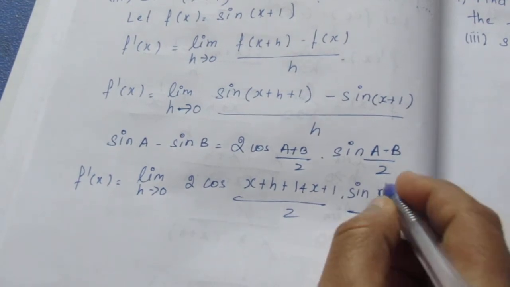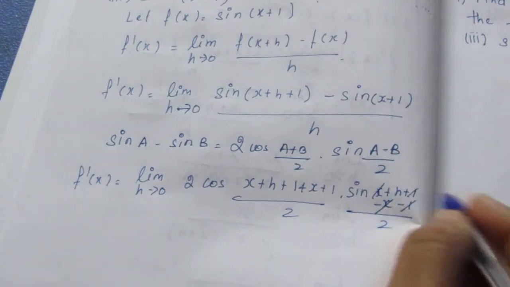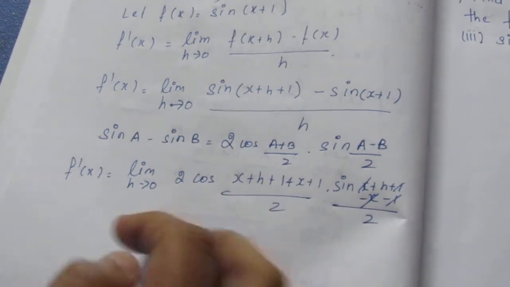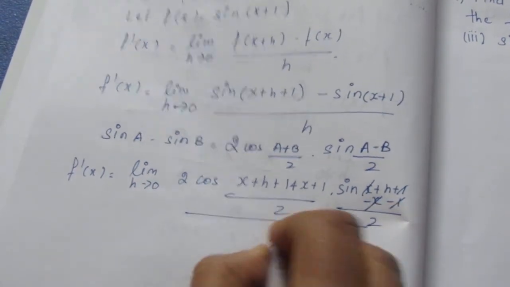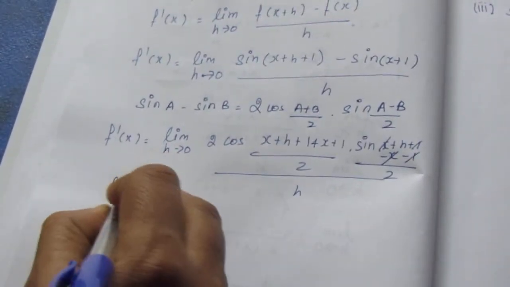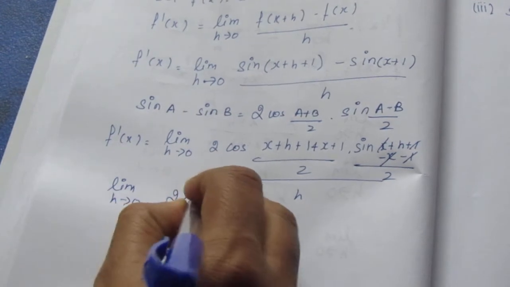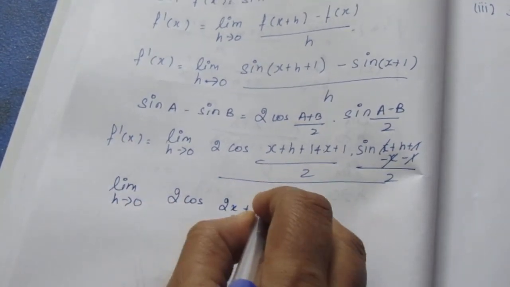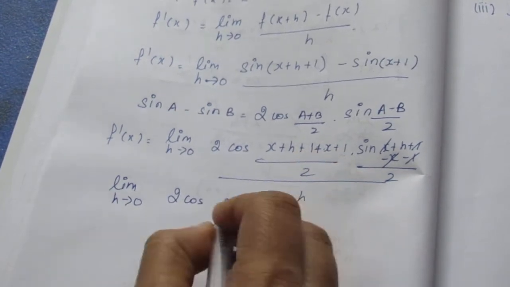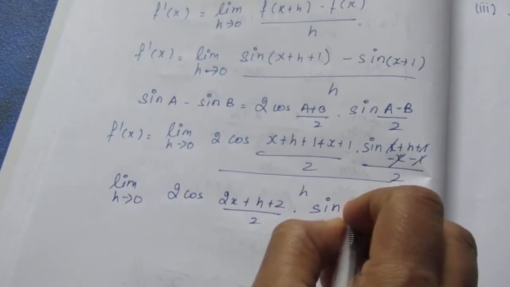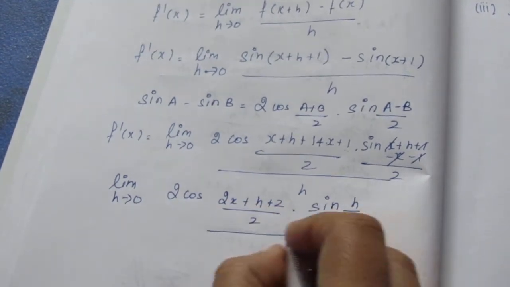Now plus x minus x gets cancelled, and plus 1 minus 1 gets cancelled. Now by h we have limit h tends to 0 of 2 cos of 2x plus h plus 2 by 2 into sin h by 2 by h.